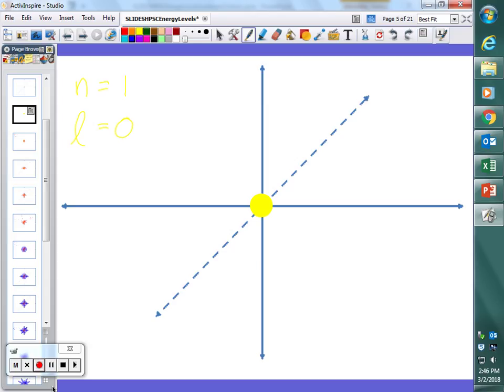So anytime you have an s orbital, L is equal to 0, but m is also equal to 0. Do we have to distinguish between multiple s orbitals? Nope, there's only 1 s orbital in each energy level. So we don't have to talk about which s orbital we're talking about. There's only 1 in each level. Okay?